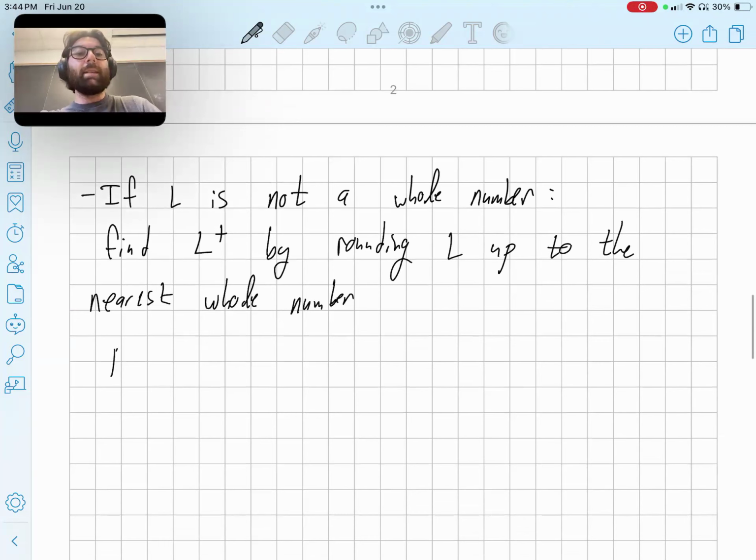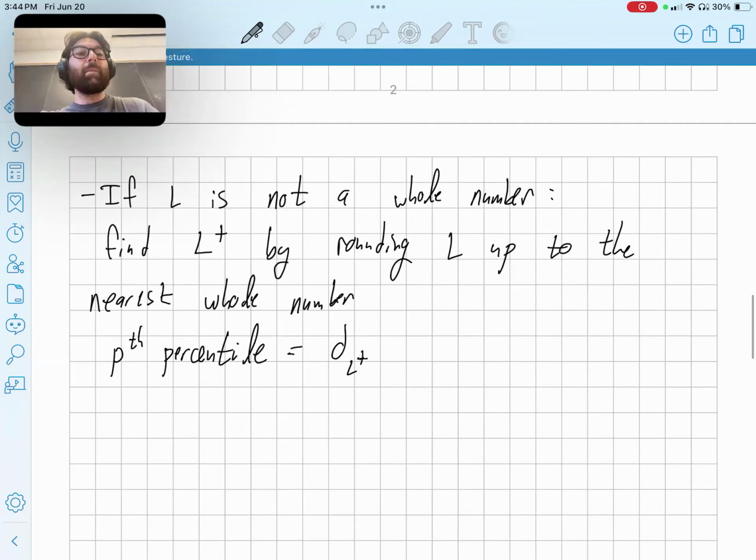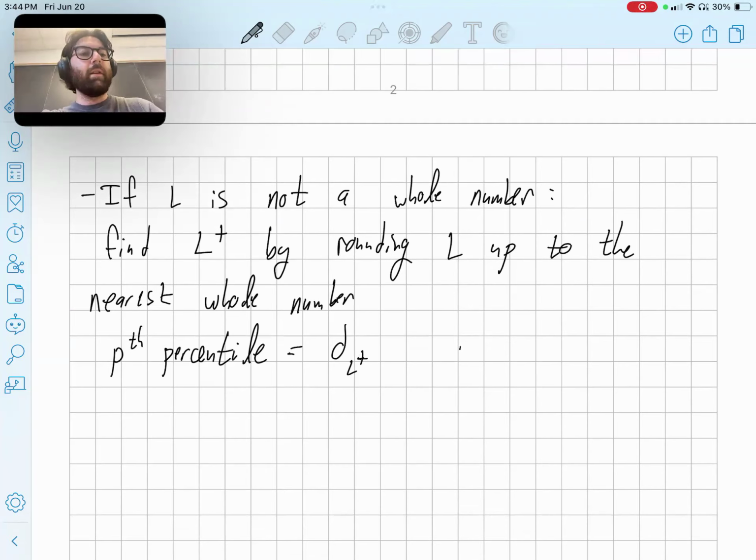And now your pth percentile is d sub L plus. So it's whatever data point is in the L plus position, i.e. the data point in position L plus.